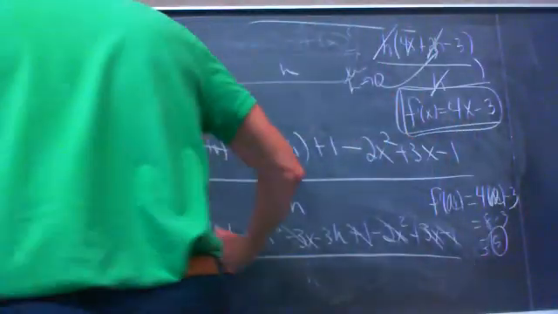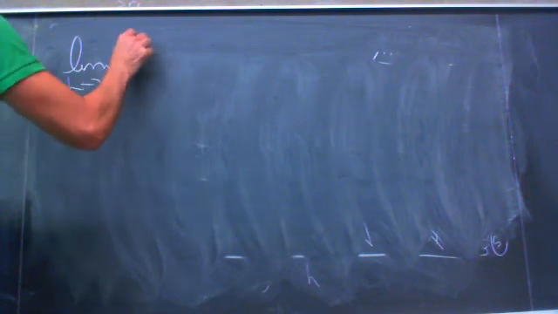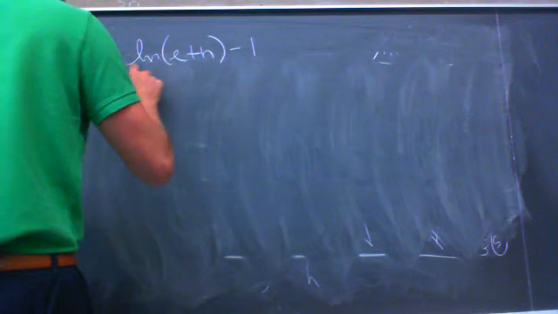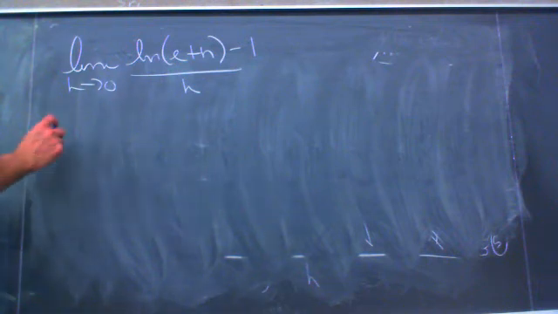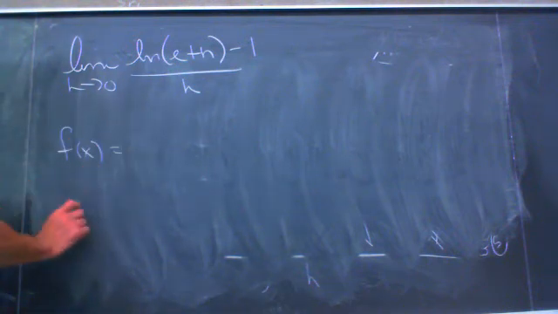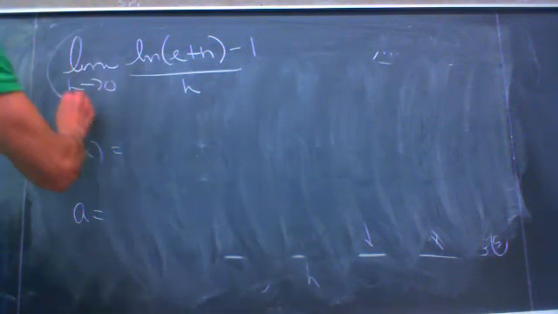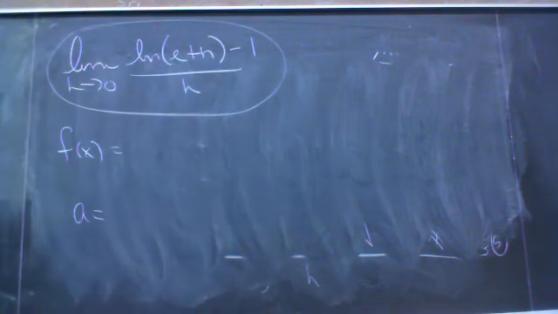So let's just play on some notation here. Suppose we were given the limit as h approaches 0 of the natural log of e plus h minus 1 all over h. And the directions here are to identify what the function is and what the a value is, or is a just x. So I'm giving it, we have to recognize that this is the definition of derivative.